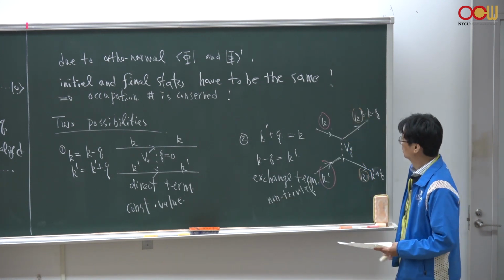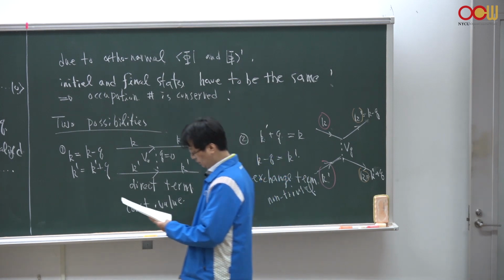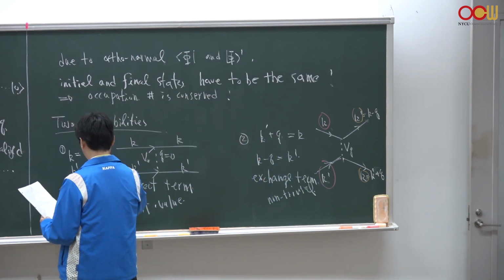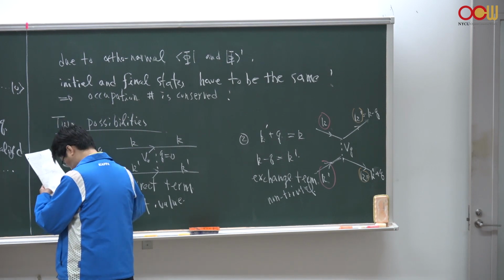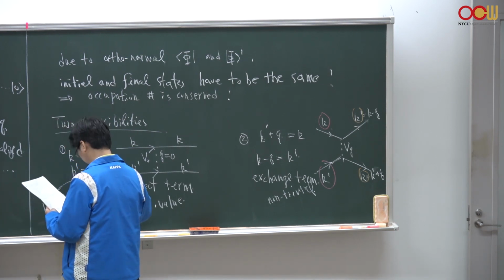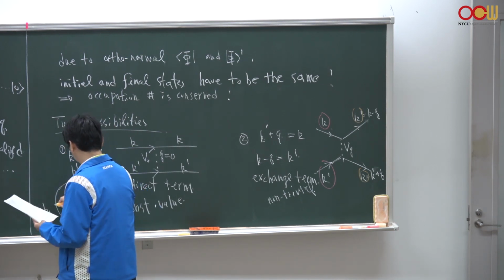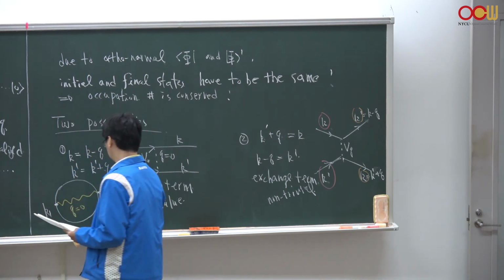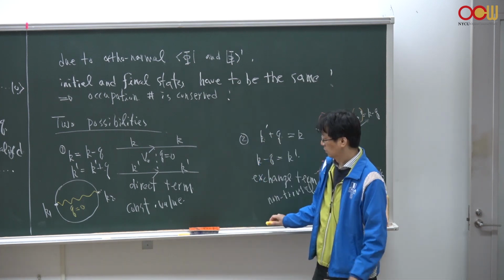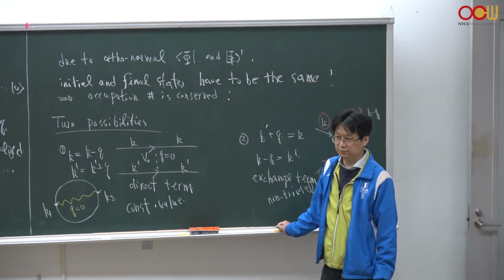Okay, so if you use the diagram to illustrate this kind of interaction, we call this K1 and K2, and there's a wavy line linking these two. This wavy line later on will be interpreted as the photon, right?